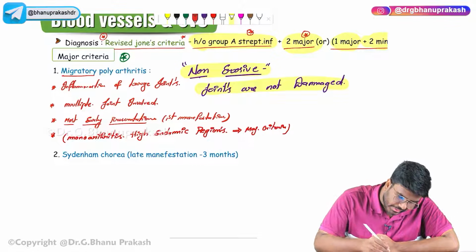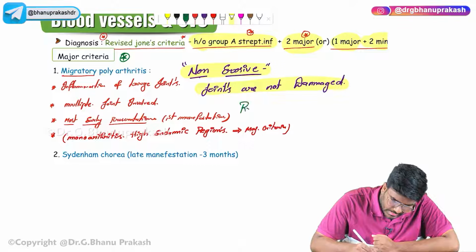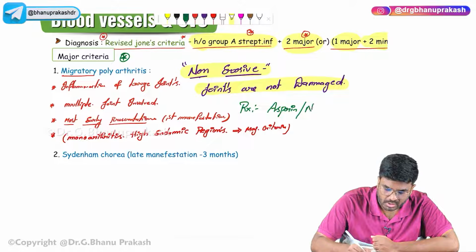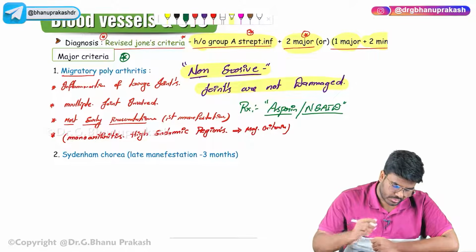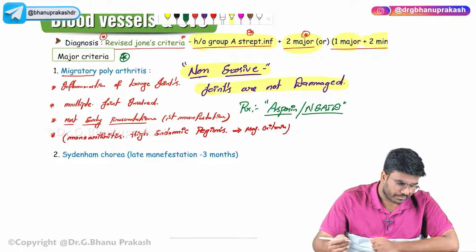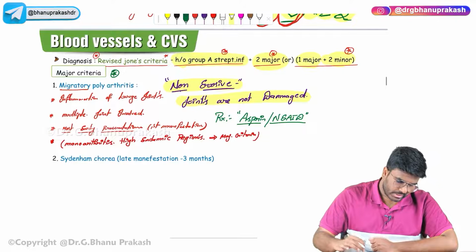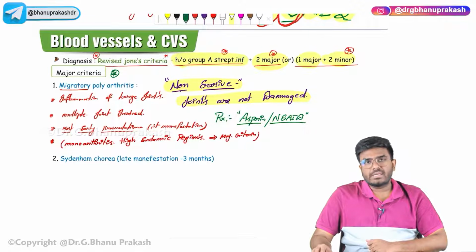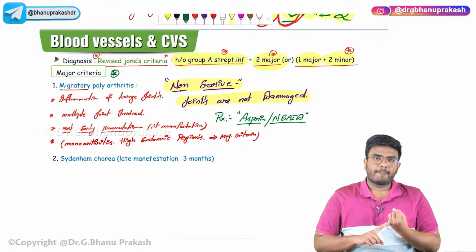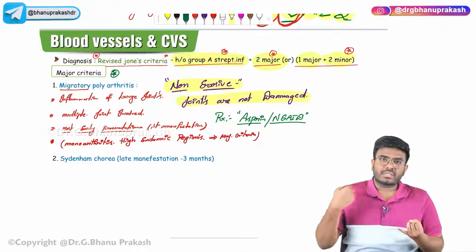And how is it going to be treated? The treatment is done with aspirin or naproxen or non-steroidal anti-inflammatory drugs. So the non-steroidal anti-inflammatory drugs are aspirin. These are the drugs used for the treatment of migratory polyarthritis. Okay, so tell me, migratory polyarthritis is going to involve the large joints and multiple joints are going to be involved.